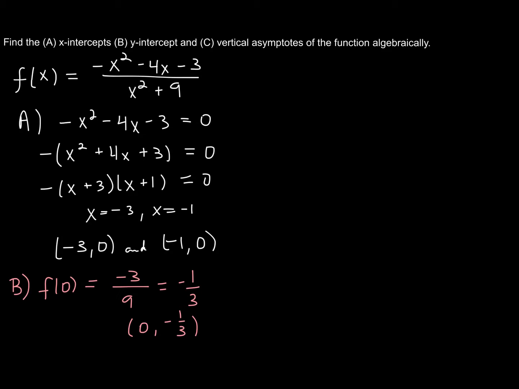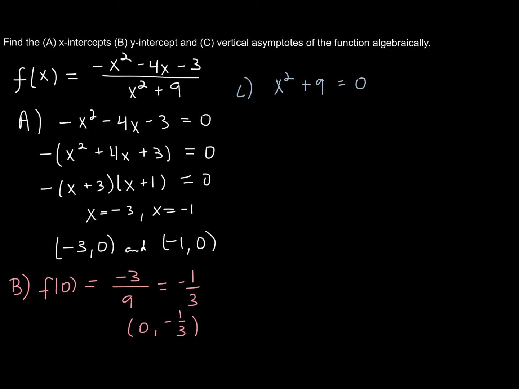All right, let's move on now to the vertical asymptotes. So the vertical asymptotes, of course, are identified by finding where the denominator is 0, meaning where our function would be undefined because we can't divide by 0. So we will set our denominator x squared plus 9 equal to 0.